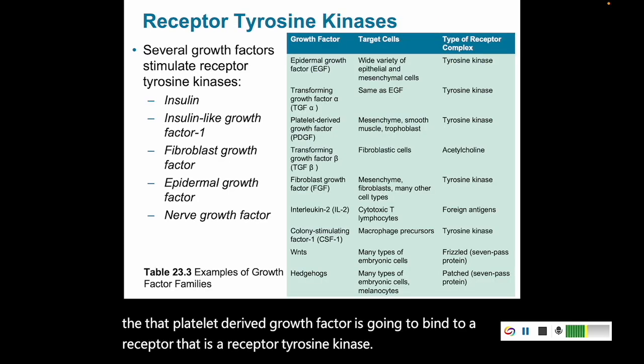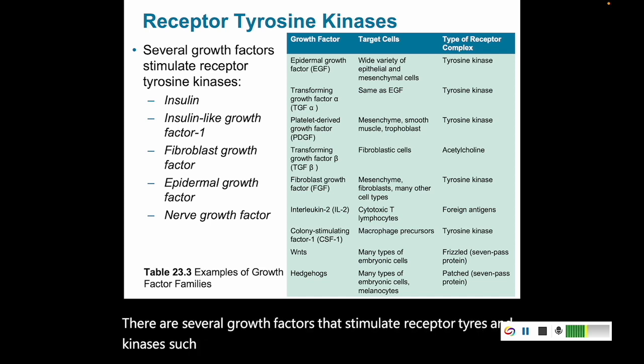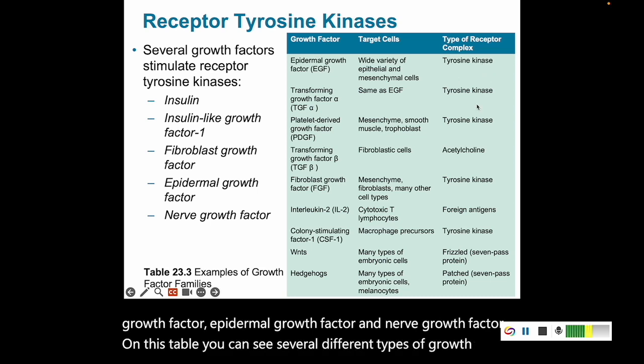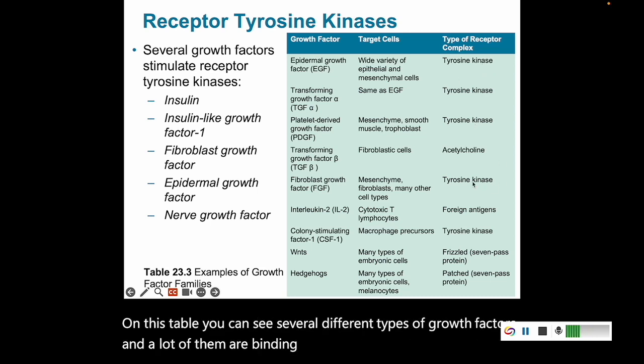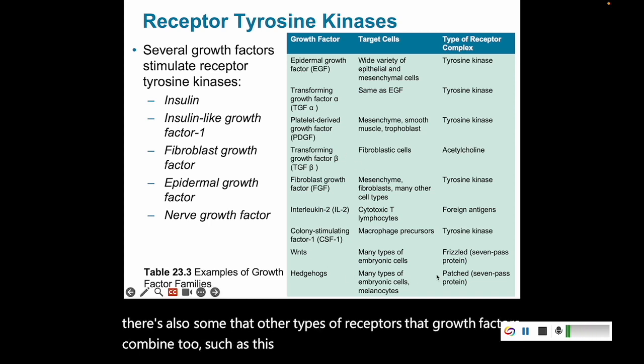There are several growth factors that stimulate receptor tyrosine kinases, such as insulin, insulin-like growth factor 1, fibroblast growth factor, epidermal growth factor, and nerve growth factor. On this table, you can see several different types of growth factors, and a lot of them are binding to tyrosine kinase receptors. But there's also some other types of receptors that growth factors can bind to, such as this acetylcholine receptor or a 7-pass protein.